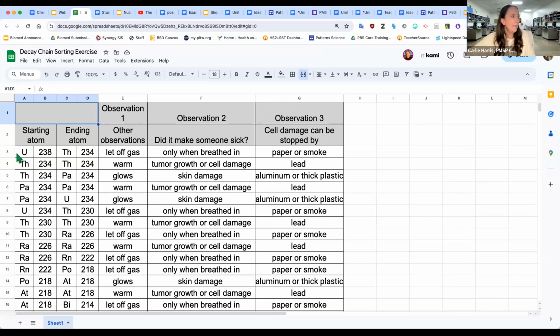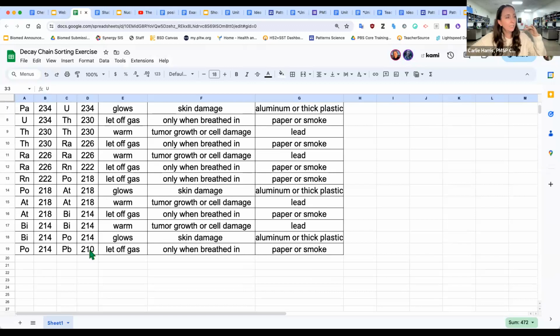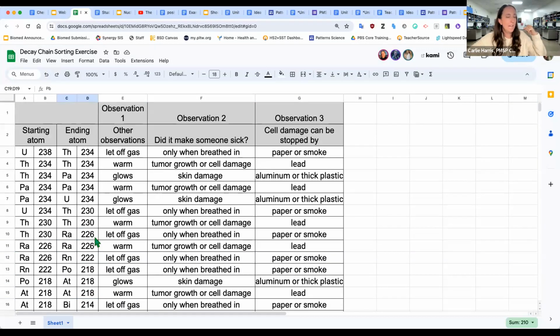But essentially, if we have a reaction that starts off here, this is a whole decay chain, all the way down, right? We can see where it leaves off or the ending atom. And then there's 3 groups of observations. There's observation 1, 2, and 3.